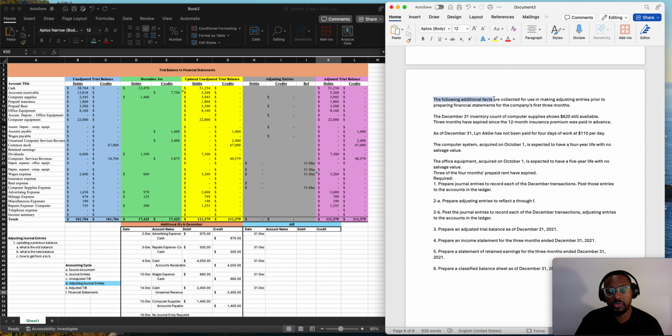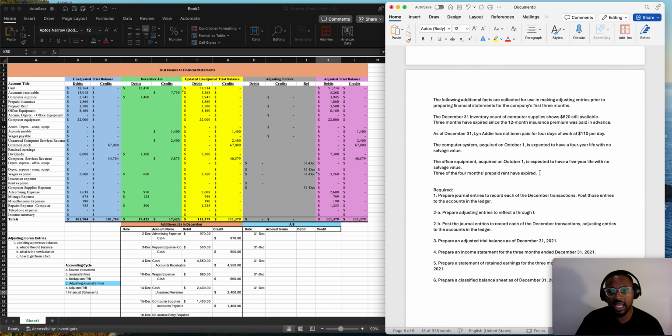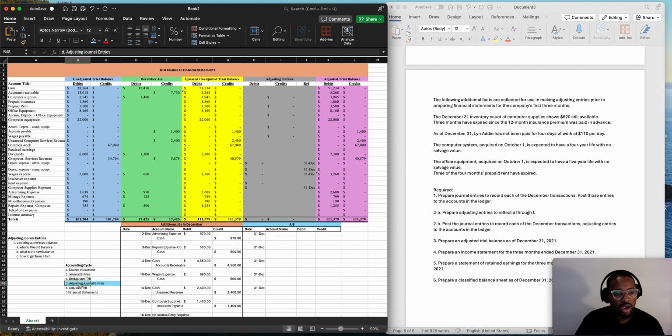The following additional facts are collected for use in making adjusting entries prior to the financial statements. See, these data points that are given to us are going to be necessary for us to focus on before we make financial statements. So adjusting journal entries are necessary before we get to our ultimate step, which is financial statements.